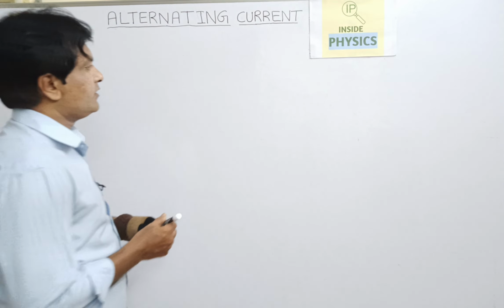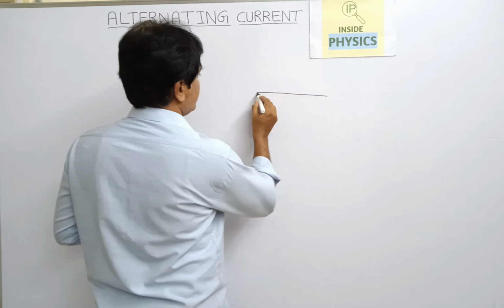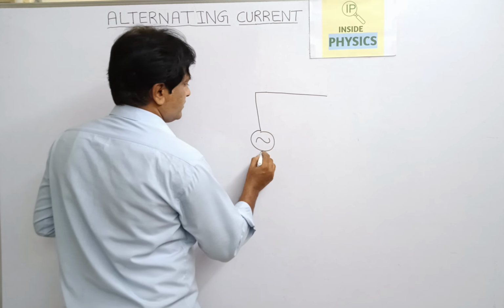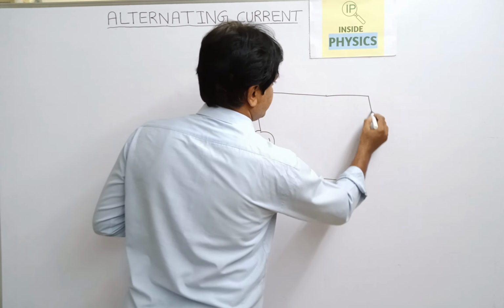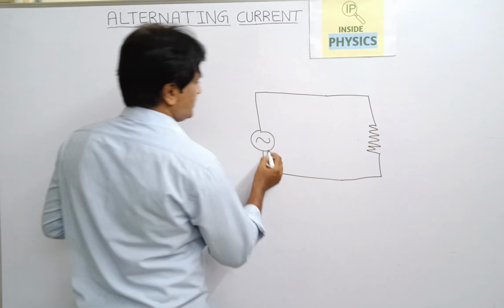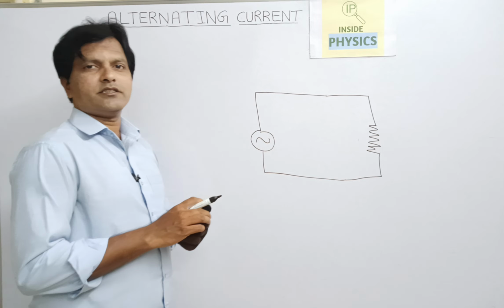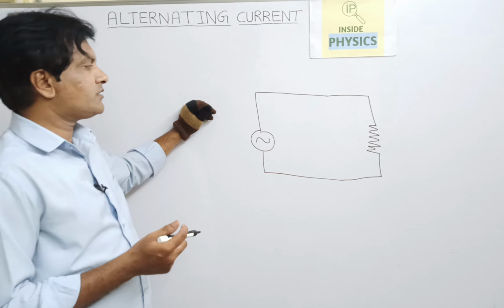Here I will give you a circuit which is a purely resistive circuit where an alternating current is given to the resistor. This is the sine curve symbol, because the AC current or AC voltage is varying sinusoidally like a sine curve.